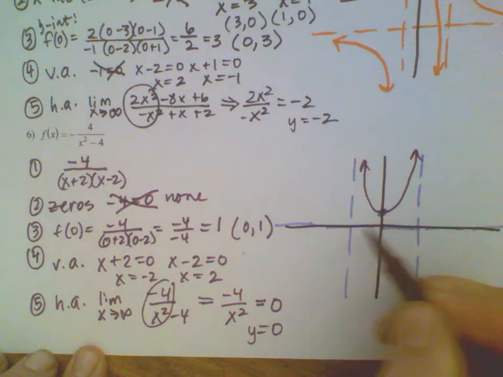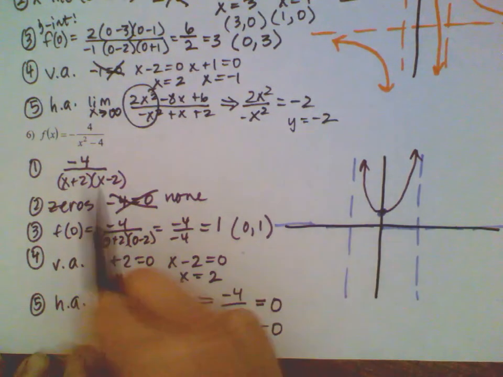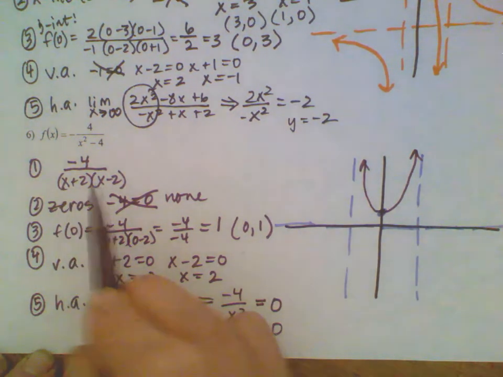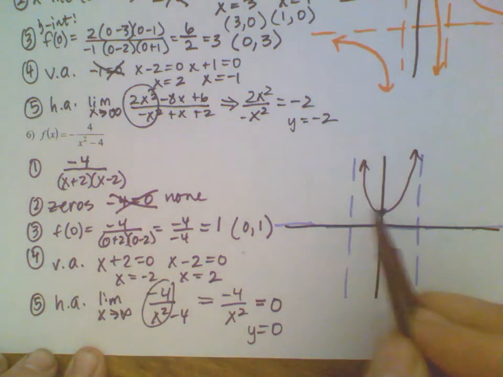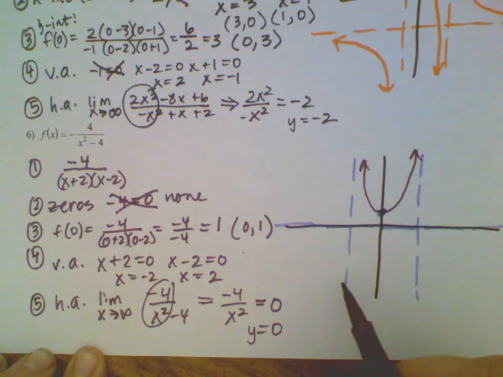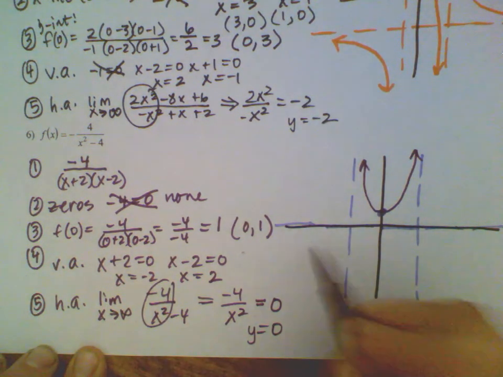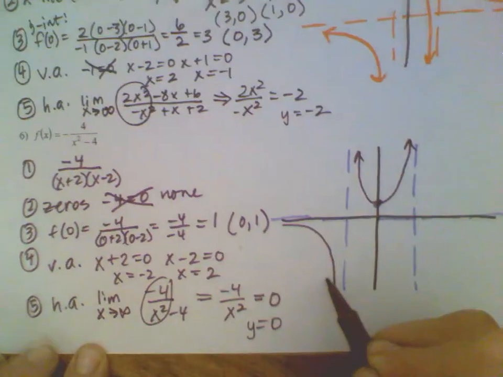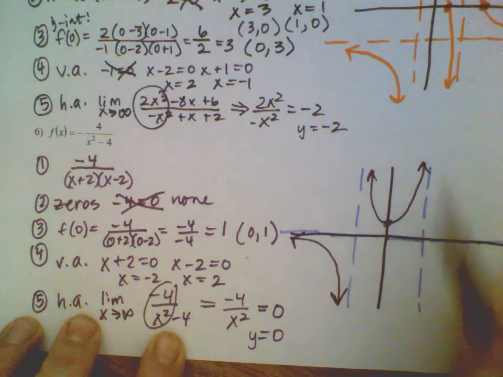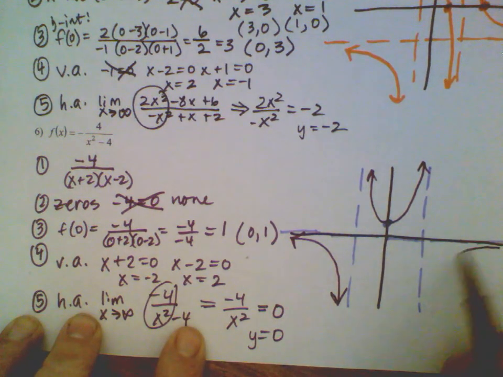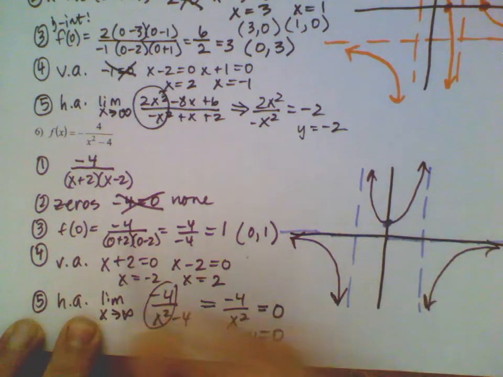Because the factor in the denominator doesn't repeat, that means that if it goes up on the right side of the asymptote at x equals negative 2, it's going to have to go down on the left side. And if it went up on the left side at x equals 2, it's going to have to go down on the right side, unless we have that repeat.